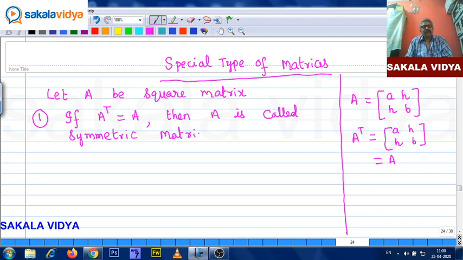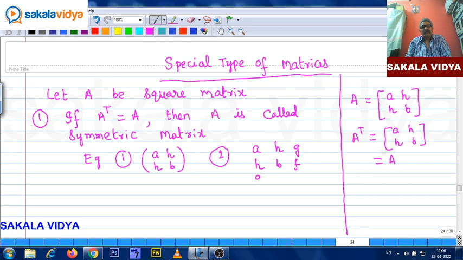Symmetric matrix. Okay. So example, here AHHB, and one more example, a handsome guy has best friend gone for cinema. The transpose of this matrix is also the same, that's why it is a symmetric matrix.